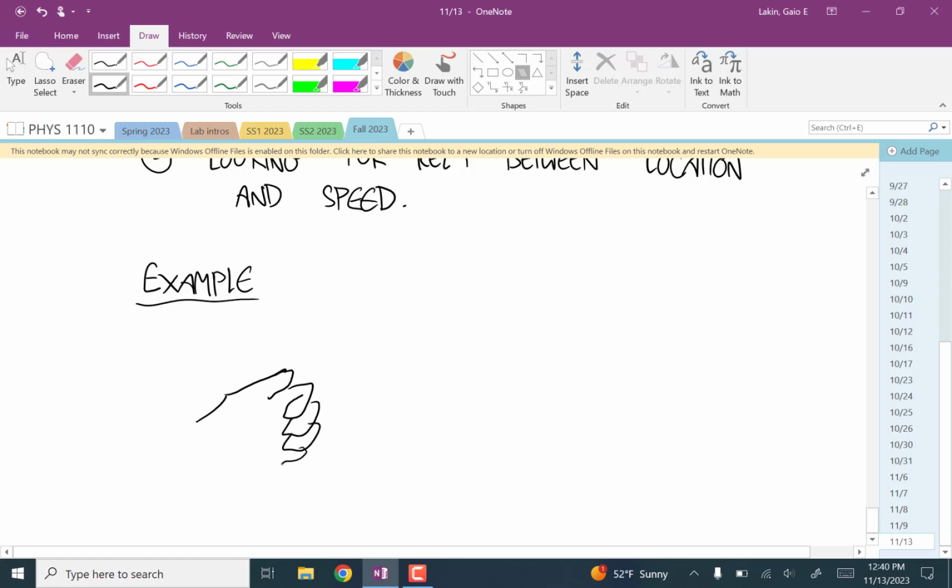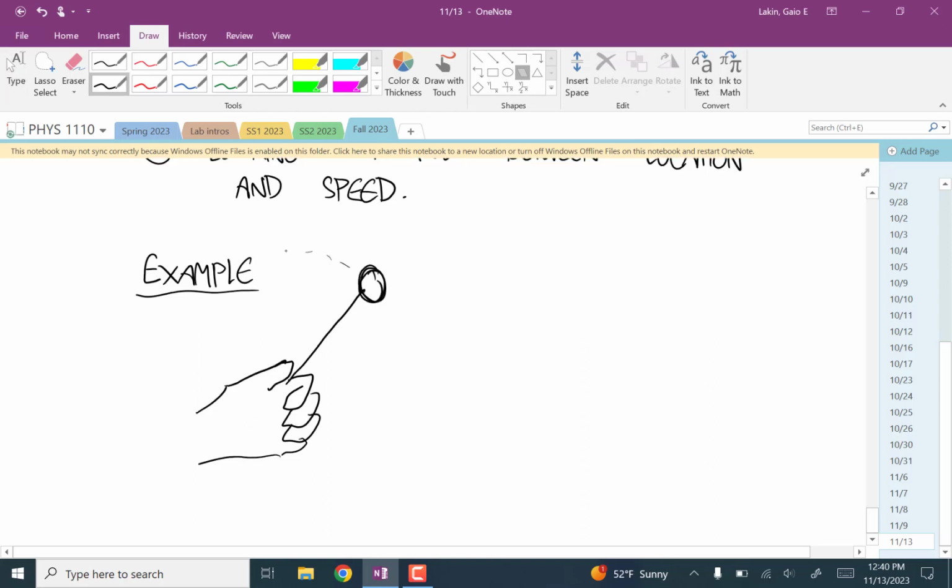Somebody's holding onto this string, swinging a mass around in a circle. Okay, and gravity is acting this way. So this thing is rising as it goes up. Let's say it's going this way, falling as it goes down the left side there.